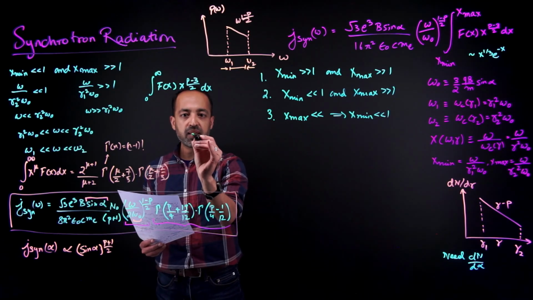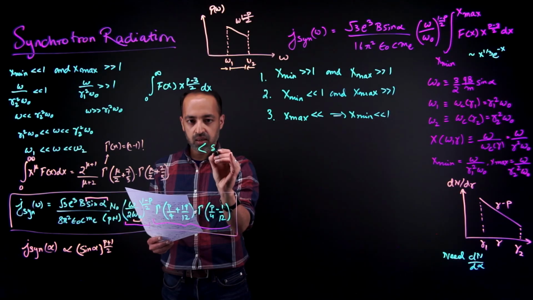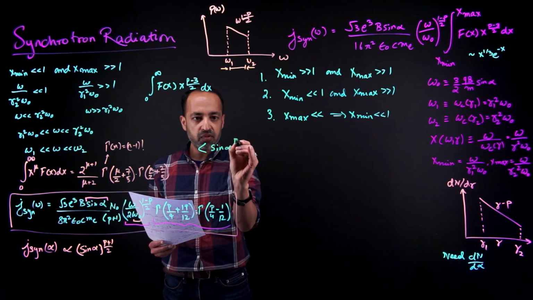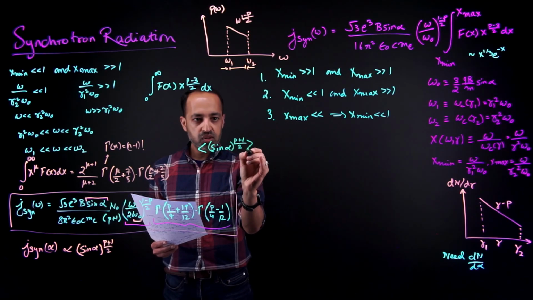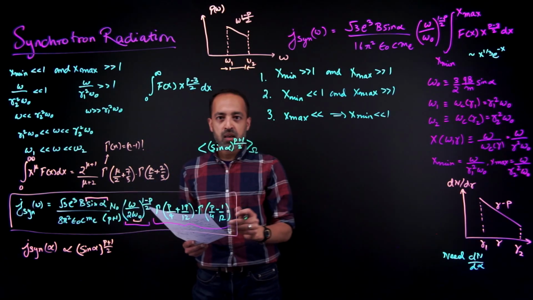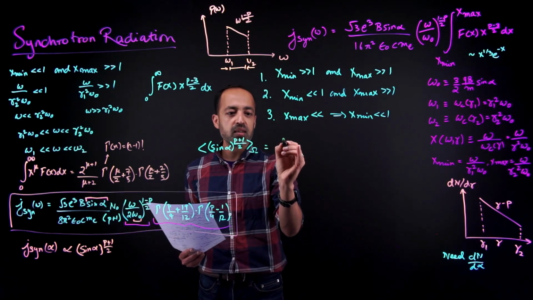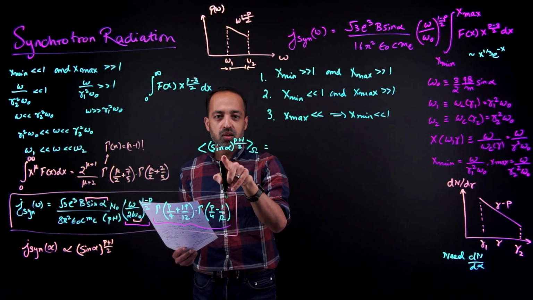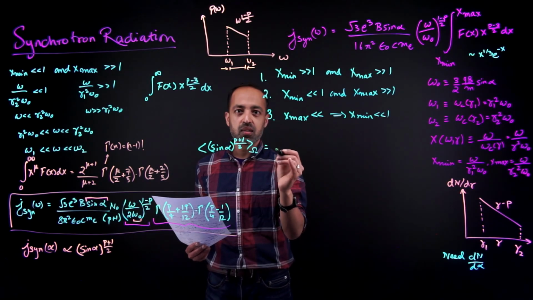That angle average looks just like this. It's the average of sine alpha to the power of p plus 1 over 2, averaged over all solid angles omega. You've probably done angle averages like this. The way to do that is the integral of this d omega divided by the integral of d omega. The integral of d omega, of course, is just 4 pi.